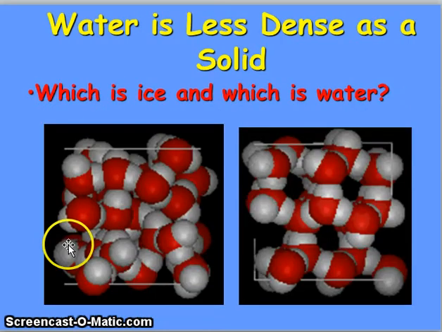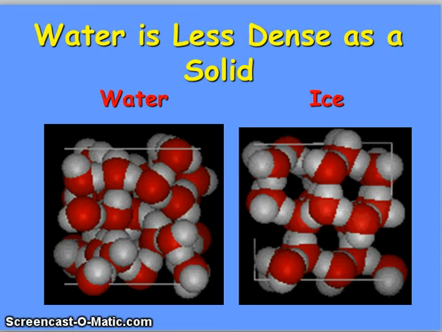Look at this picture: which one is ice and which is water? Which one's a solid, which one's a liquid? Which one's more structured versus less structured? Water constantly forms and breaks bonds, and then you have ice.